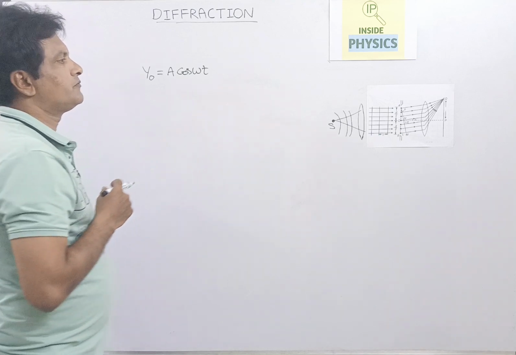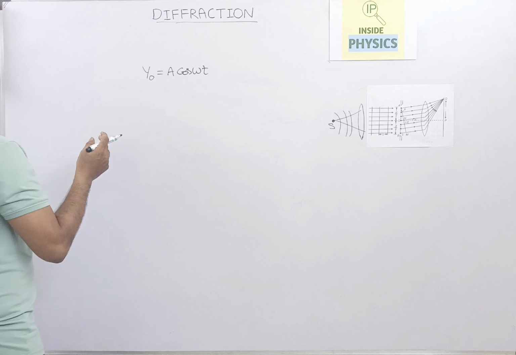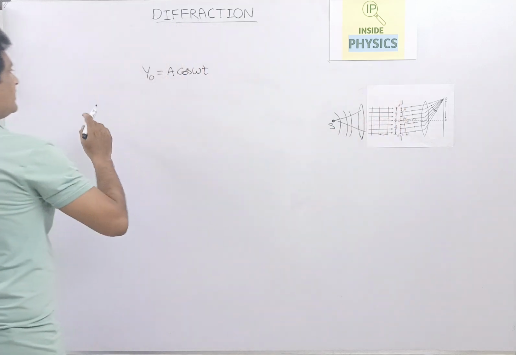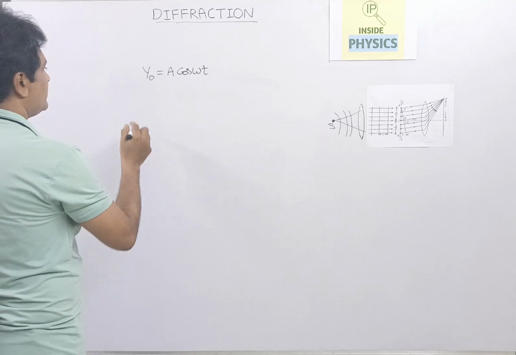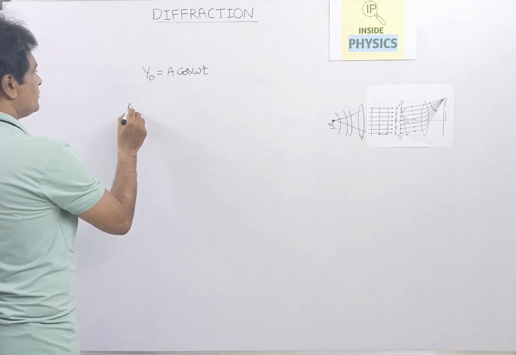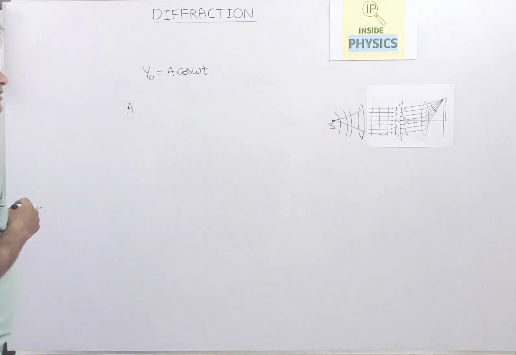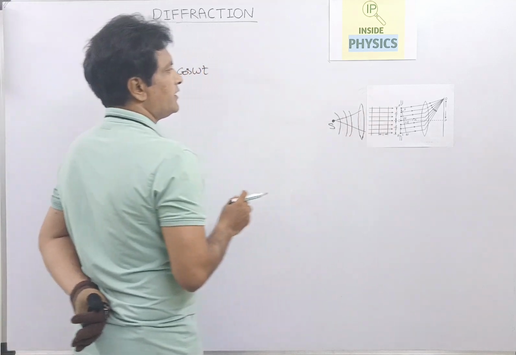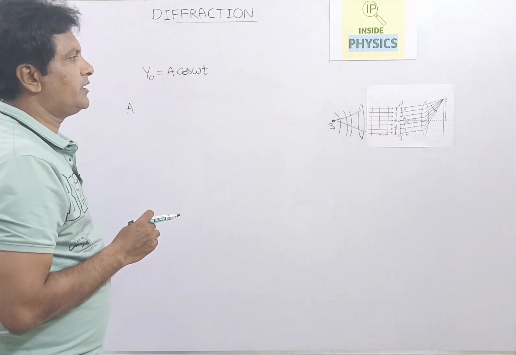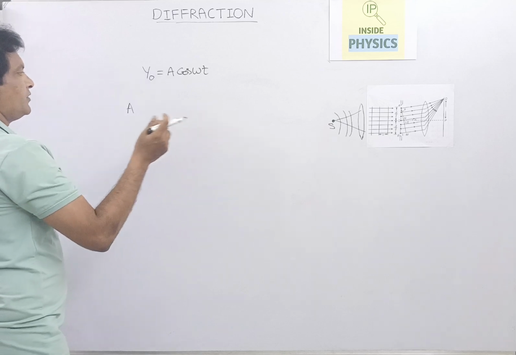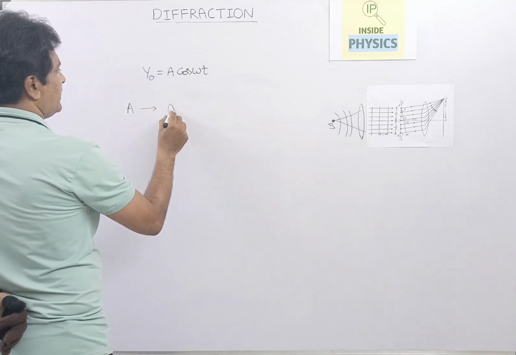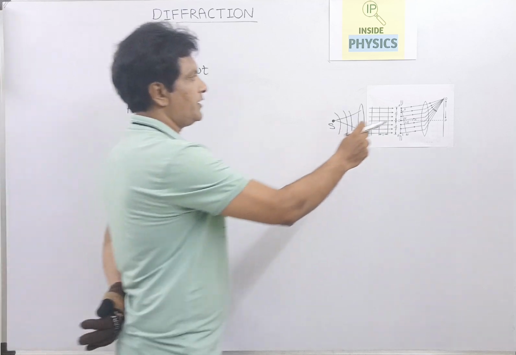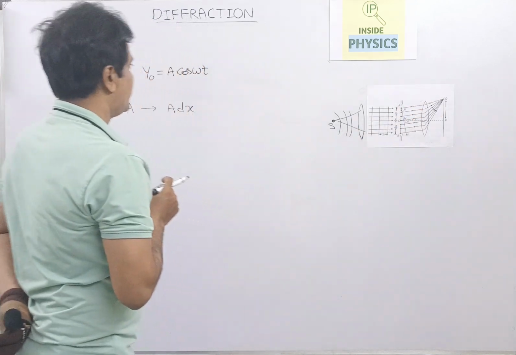When the plane wavefront enters the slit, initially the amplitude is A. After passing through the slit element dx, the disturbance created by that wave at point Q is A dx. So the amplitude at point Q is considered as A dx.